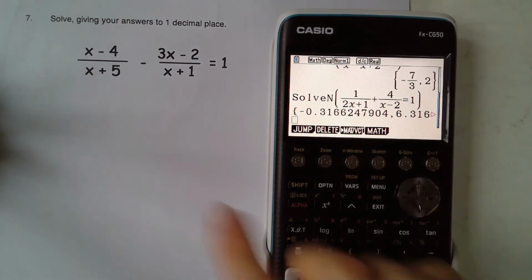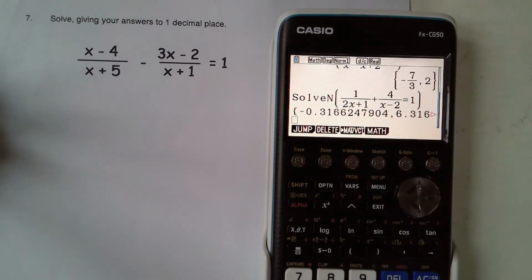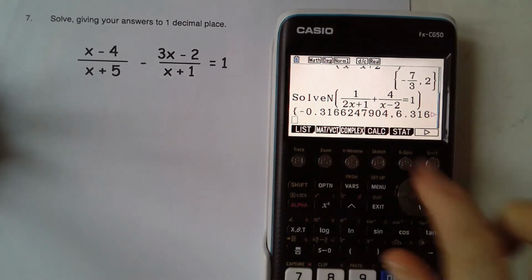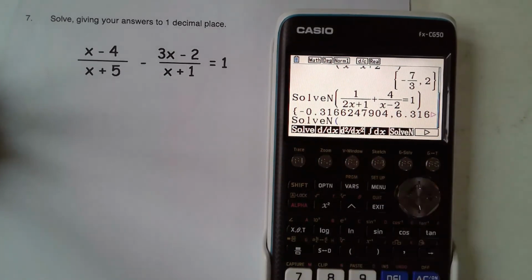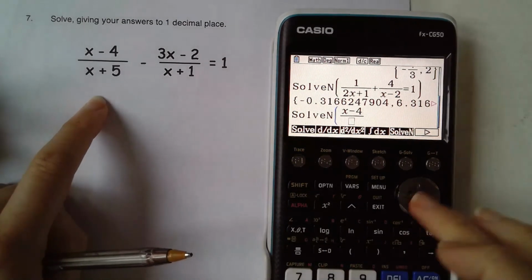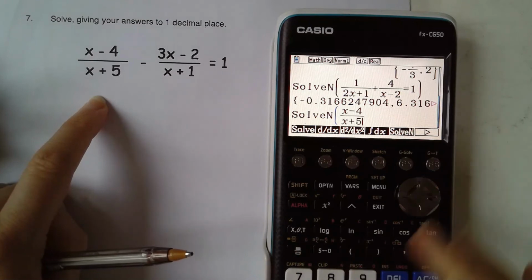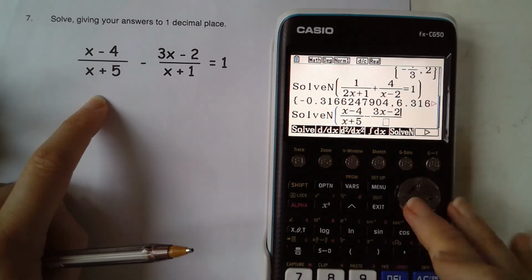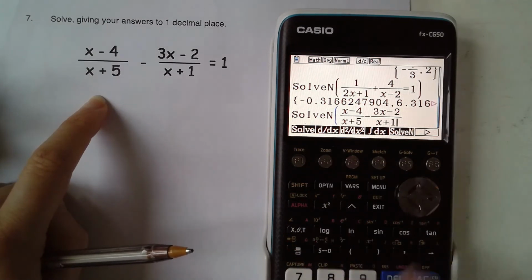And say if you weren't on the solve n option bar down here, just to remind you, it's option, calculate, solve n. And I'll put in now my fraction, x subtract 4 over x plus 5, and I'm going to take away 3x subtract 2 over x plus 1 equals 1.